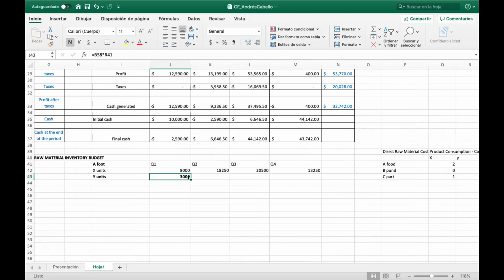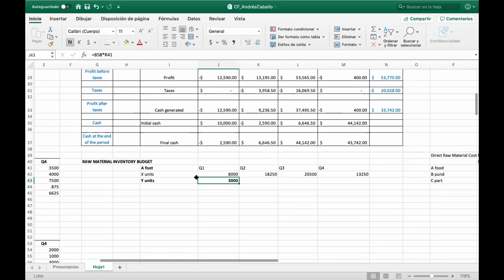So what are you doing? The raw material inventory budget. Okay. Did you finish the other one? Which other one? The direct labor. Did you finish your direct labor budget already? No, we haven't started yet.